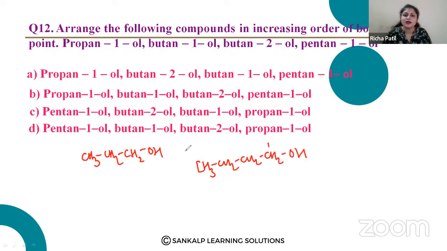Then butan-2-ol: CH3, CH2, CH, OH, CH3. Sorry, I've added an extra hydrogen.